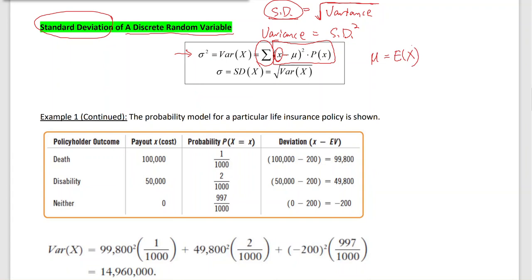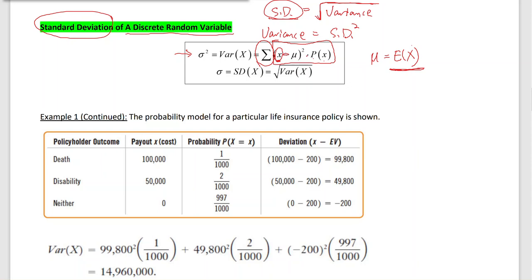So to find the standard deviation, we still need to use the mean, which is the expected value, right? So we use the first possible outcome minus the expected value, squared, times the corresponding probability for each outcome.